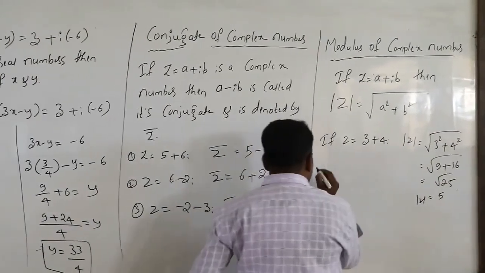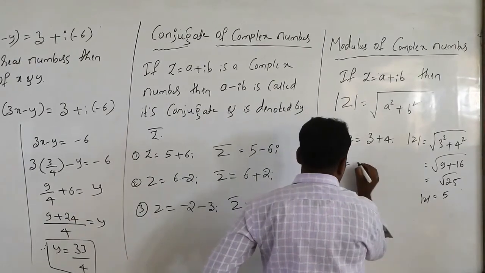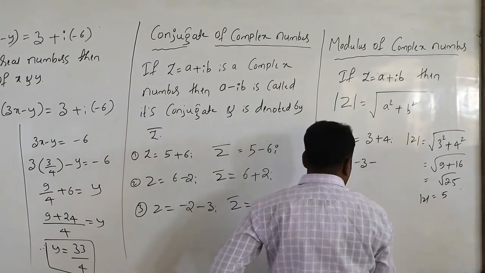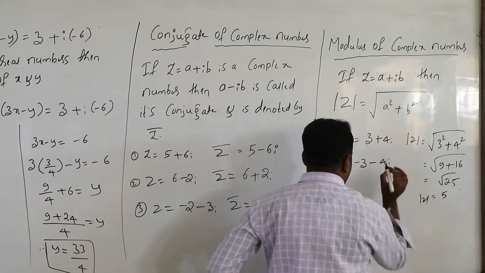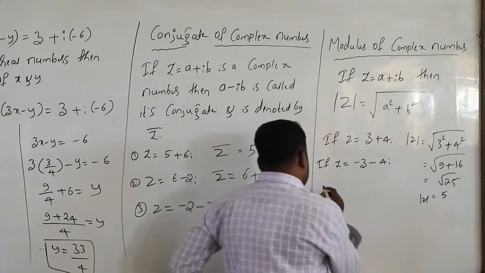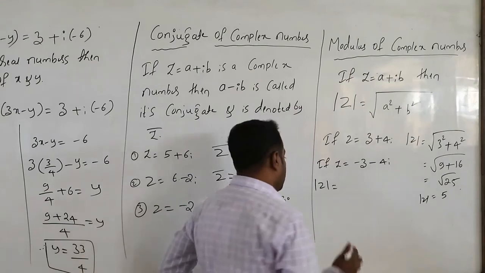Here if I consider z is equal to minus 3 minus 4i, then modulus of z, modulus meaning we will get positive value.